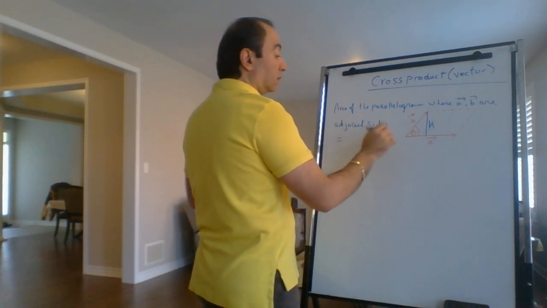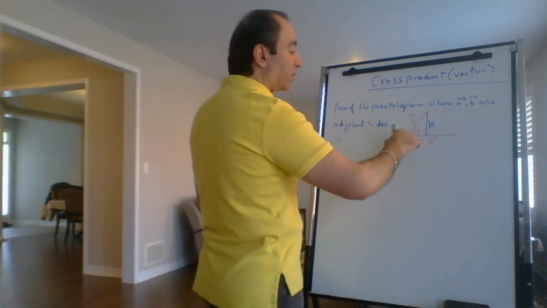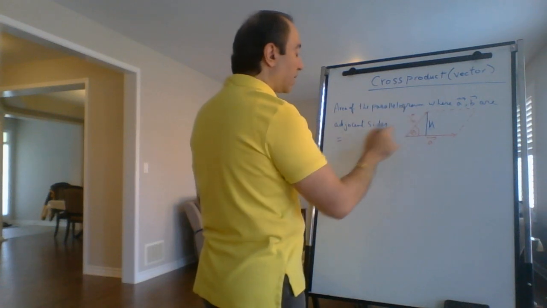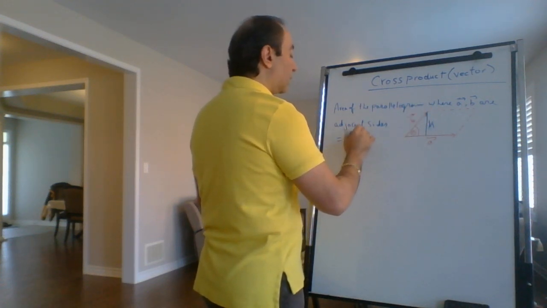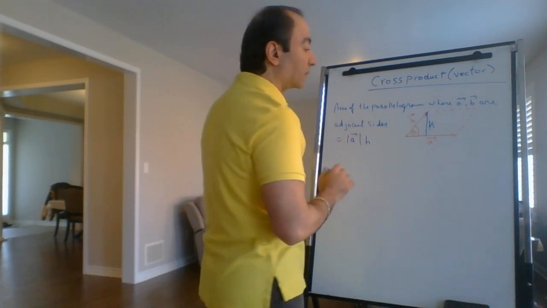The area of any parallelogram is the base times the height. The base here is the magnitude of vector A times the height, which is h.